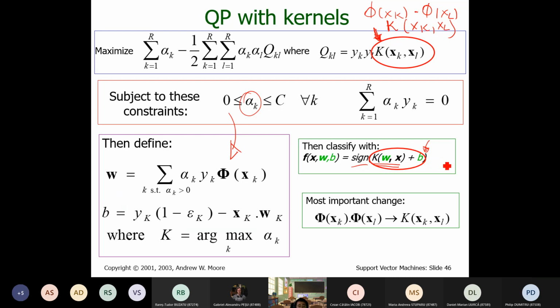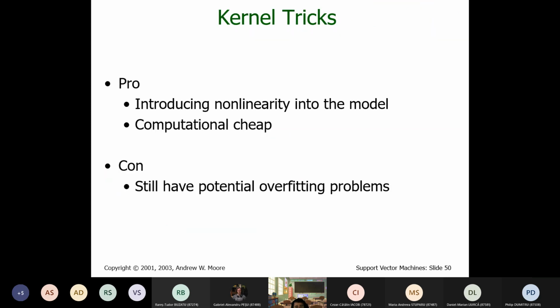All we need to do is to classify it in positive or negative class. Okay, so the most important change was to go from the product of the basis function to the kernel function that involves the values of xk and xl. And that's basically the end of what we can do with these SVMs.